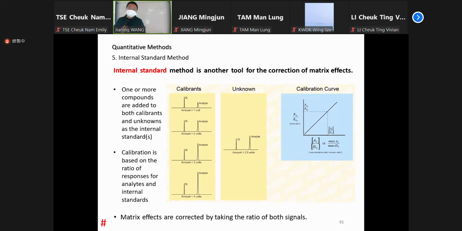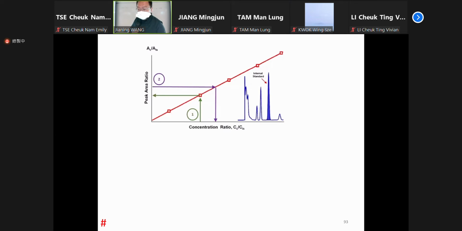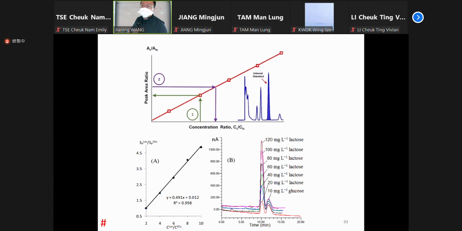Also, we can add an internal standard. This is a general principle, but for chromatography, because different molecules separate at different times, if you want to do the internal standard analysis in chromatography, you need to choose a molecule that has a similar structure or similar elution property to your targeted molecule.